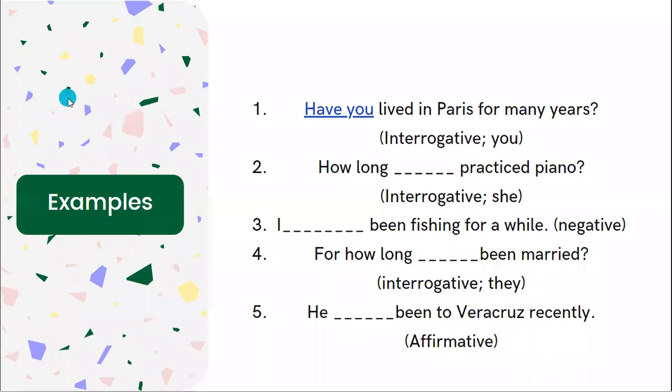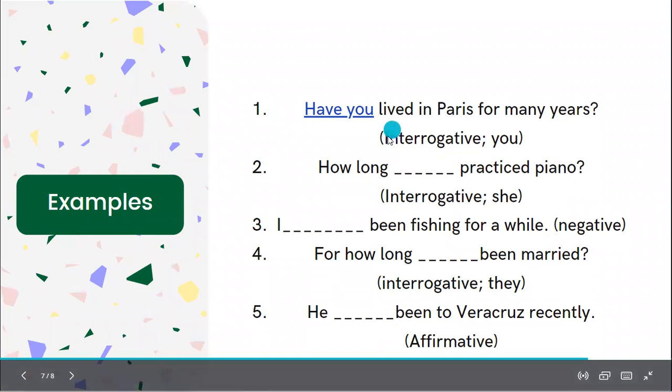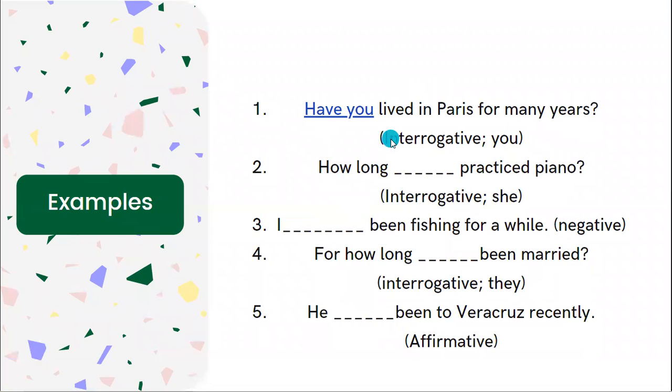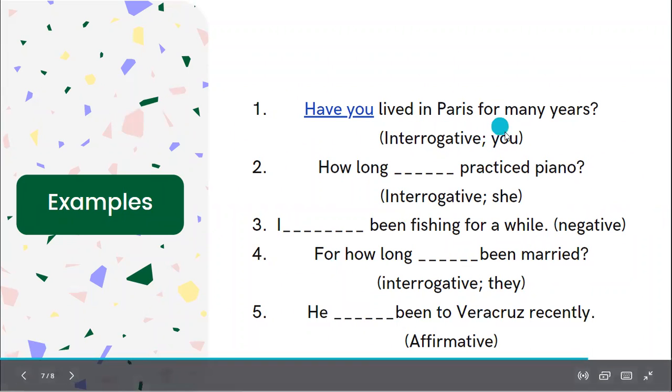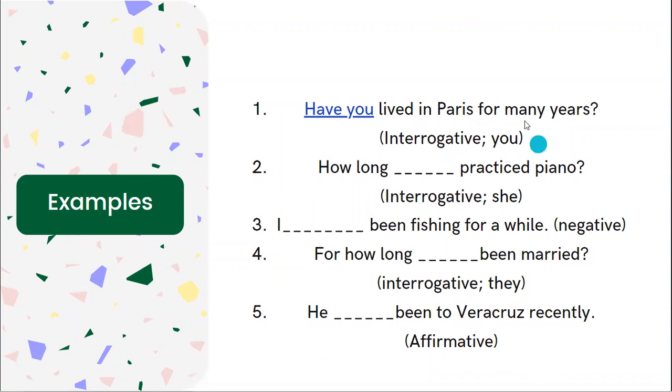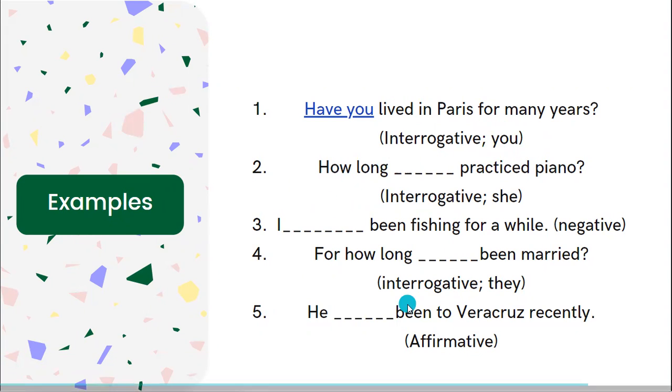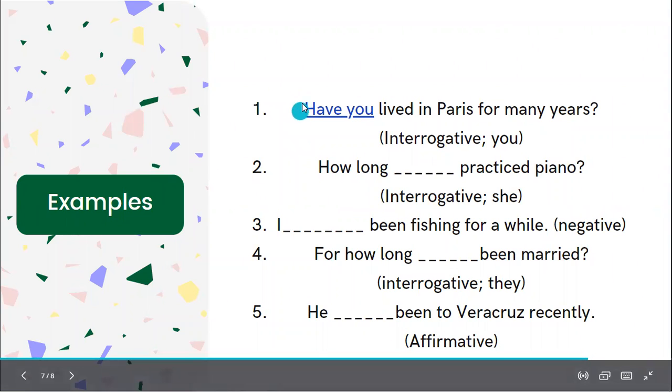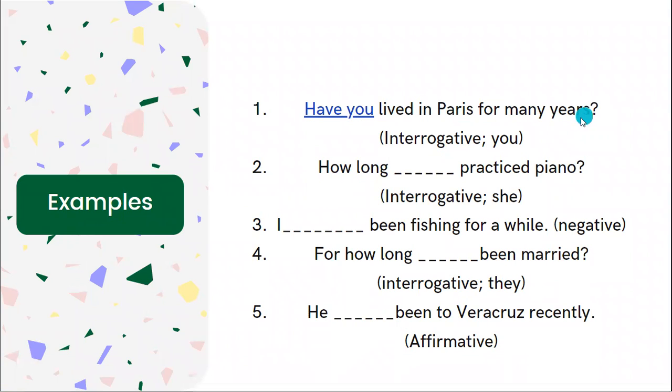Now we're going to complete these sentences over here. In the parentheses, I placed here what type of present perfect we're using: interrogative, negative, affirmative, etc. And also I added the subject that we're using when needed. For example, have you lived in Paris for many years?